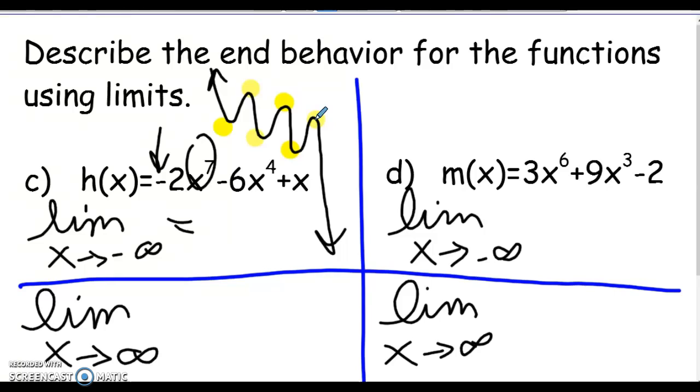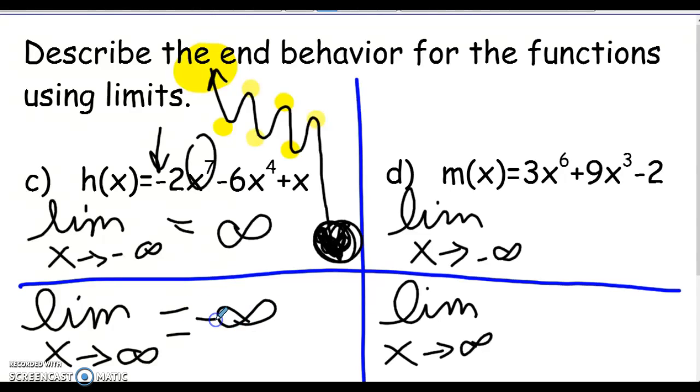That's just bonus. Because it was down, as x approaches negative infinity, as x gets smaller and smaller, what is happening to your y? Your y is getting bigger and bigger. Now as x is getting bigger and bigger, what's happening to your y? It's going down forever, so it's going to negative infinity.